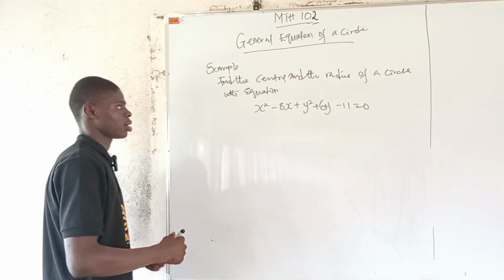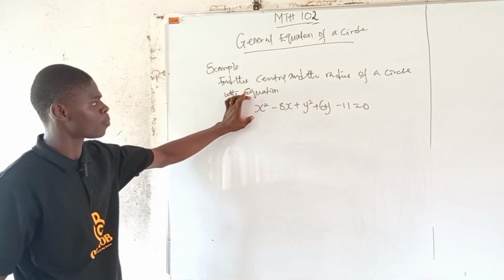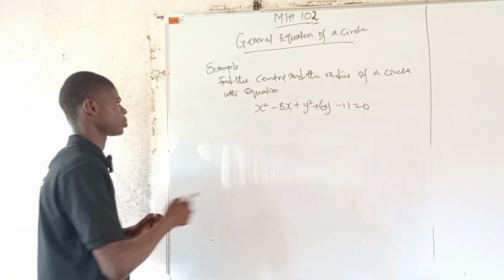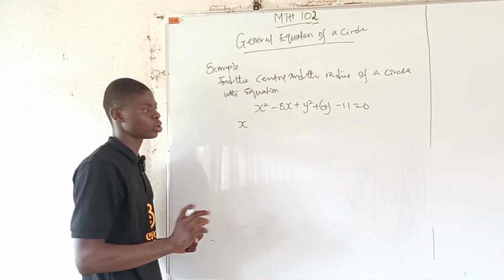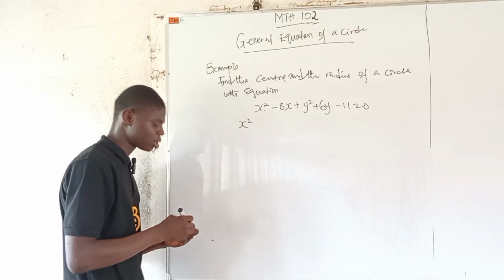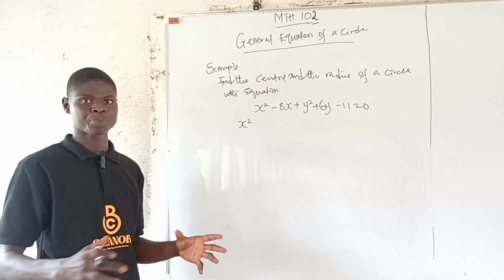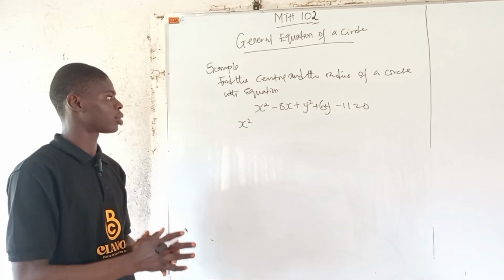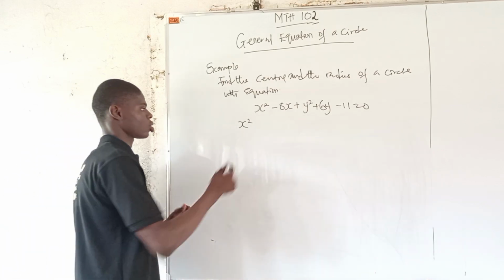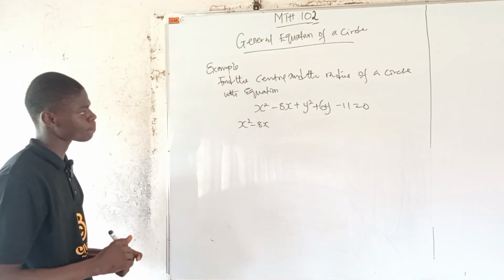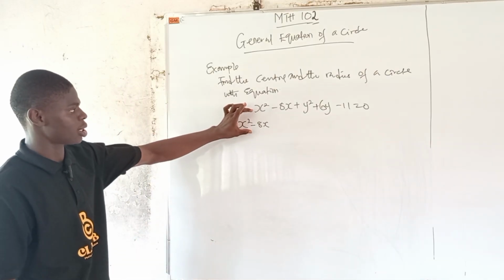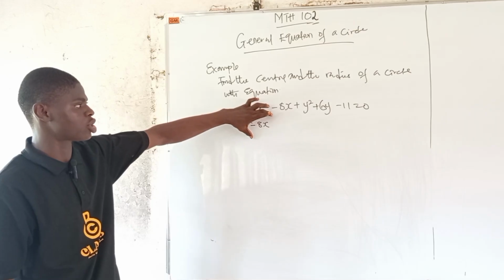So let's rearrange. First thing we want to do is to rearrange, and in this case we are not going to be using the previous method. We're going to be using a different method, and this method is simply completing the square. So I'm going to take x squared minus 8x: get half of this, then take the square of it.